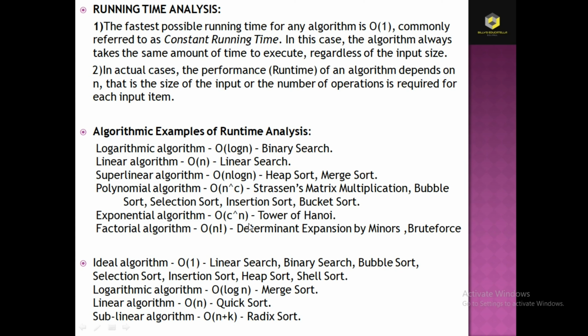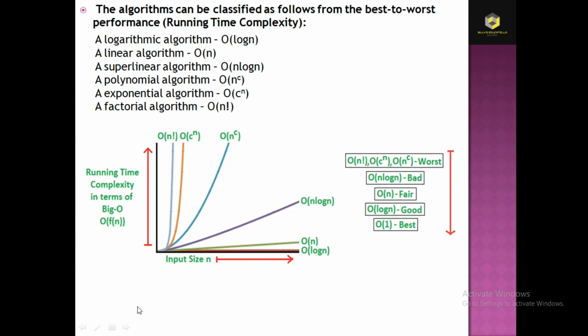And a factorial algorithm, which takes order of n factorial. Here there are some examples for ideal, logarithmic, linear and sublinear algorithms. And the algorithms can be classified from best to worst performance by running time complexity.